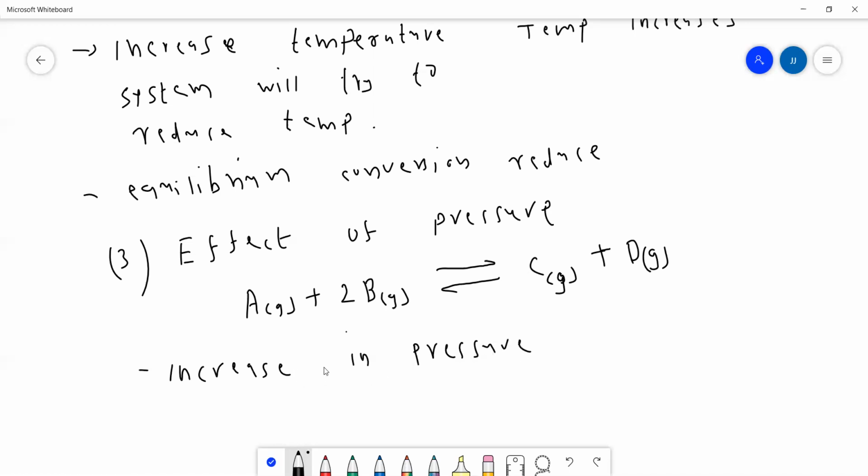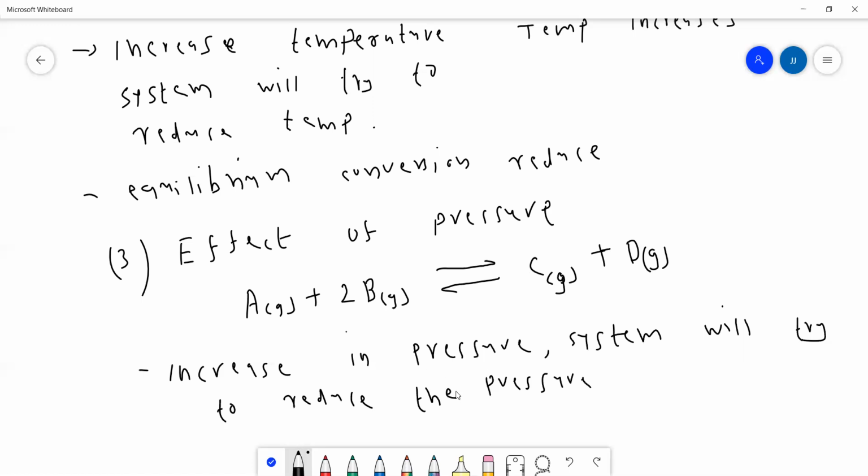What will happen? The system will try to reduce the pressure.